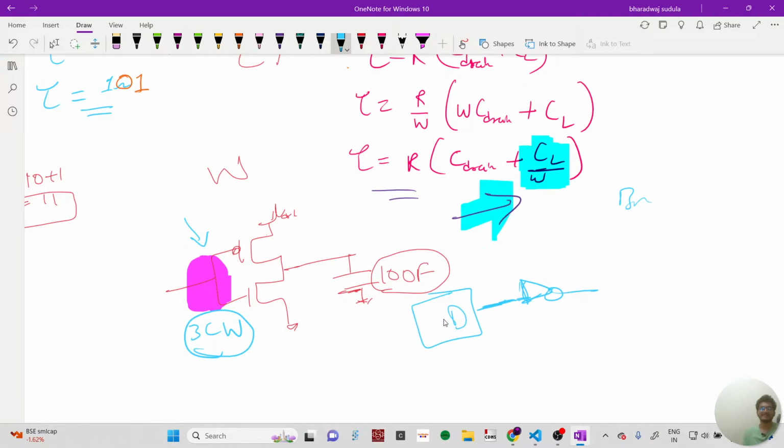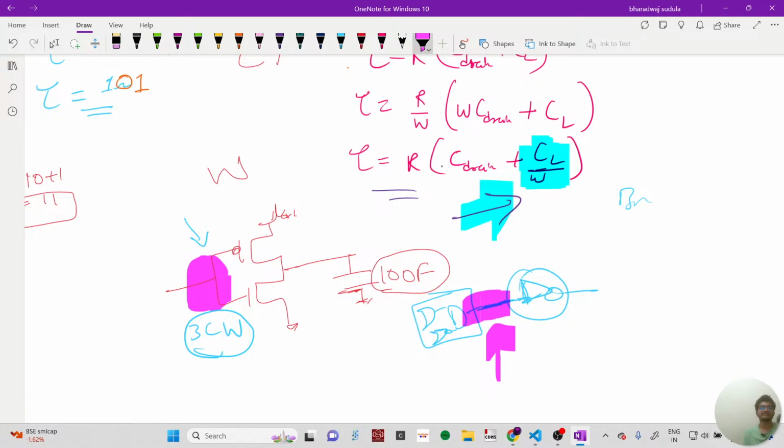It could be AND gate, it could be OR gate, it could be NOR gate, it could be anything. So it is being fed by other logic gates. So in a way, we are increasing the load cap of this previous stage logic gates. So we are increasing the load cap.